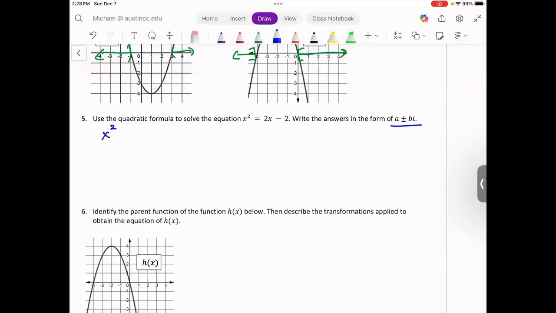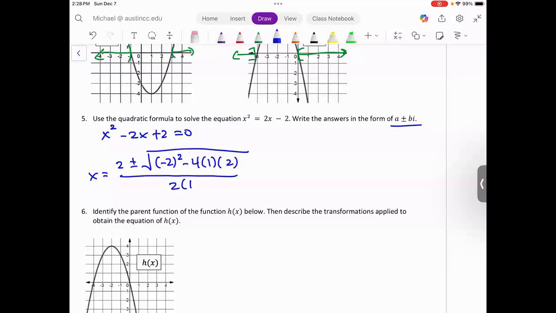So that would become x squared minus 2x plus 2 equals 0. And we will use our quadratic formula. So x equals negative b plus or minus the square root of b squared minus 4ac all over 2a.